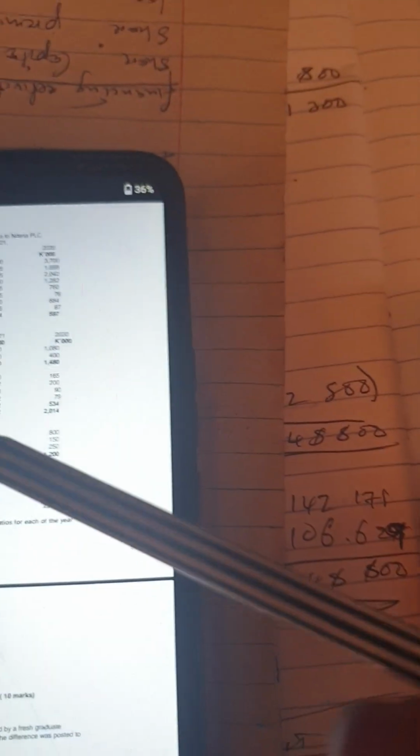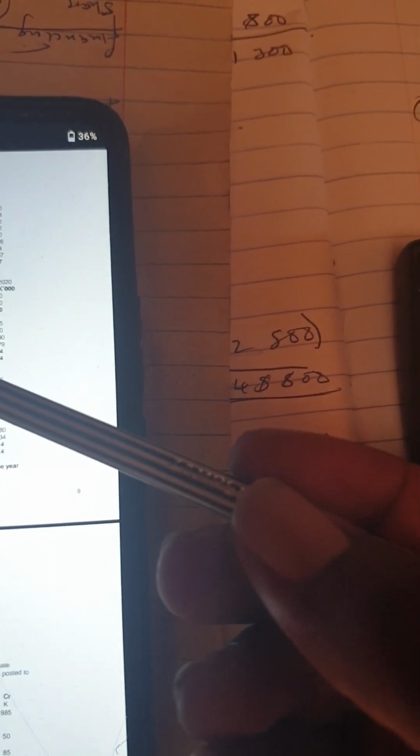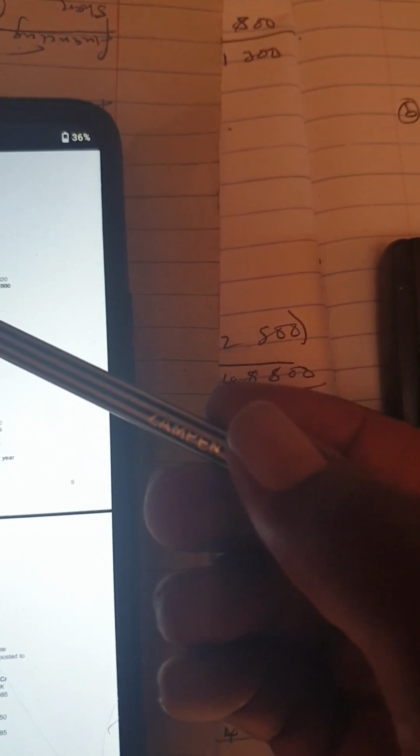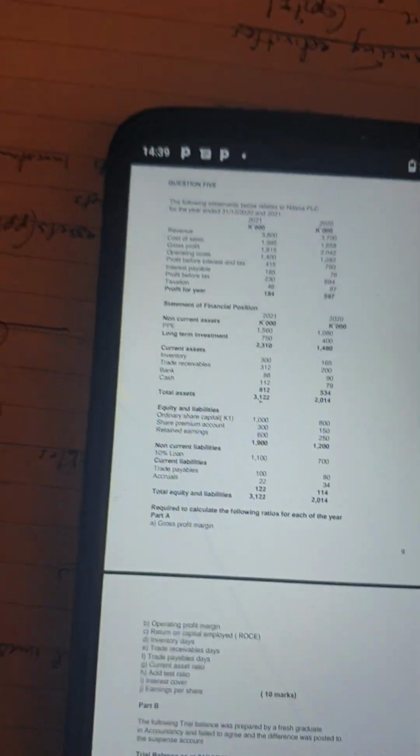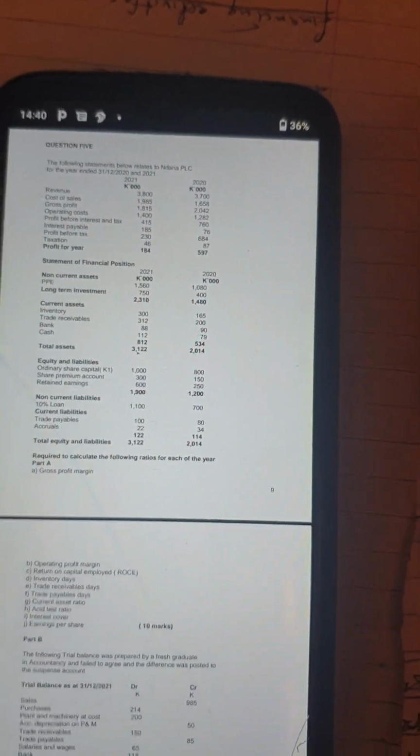So to find capital employed, we said we have current assets plus non-current assets. Current assets we have this total here, non-current assets we have this total here. Non-current assets plus current assets is giving us this figure here, that is for 2020. So total assets, that is current assets plus non-current assets, is 3122, minus current liabilities.